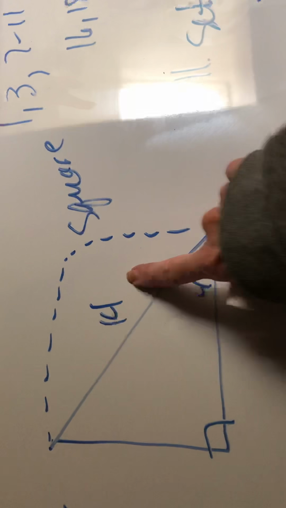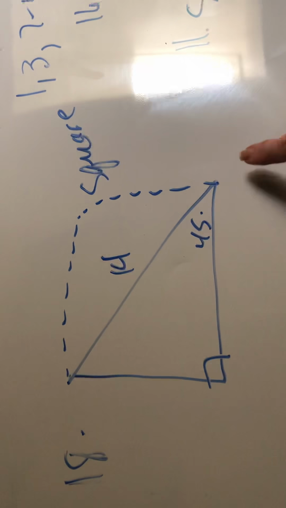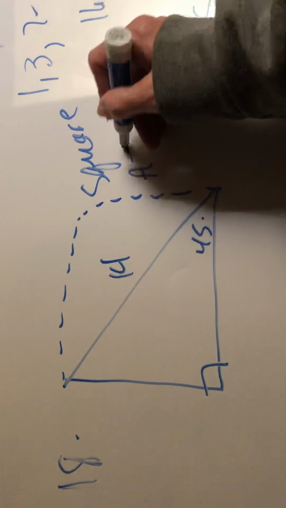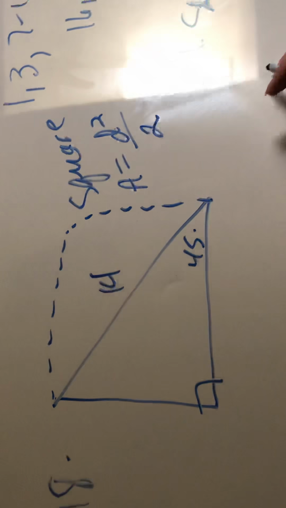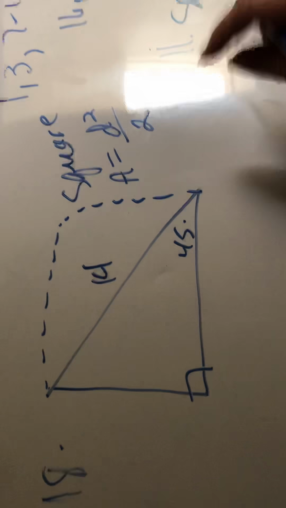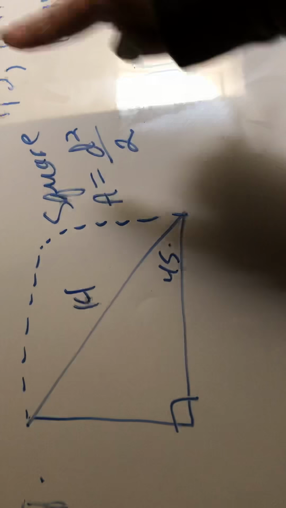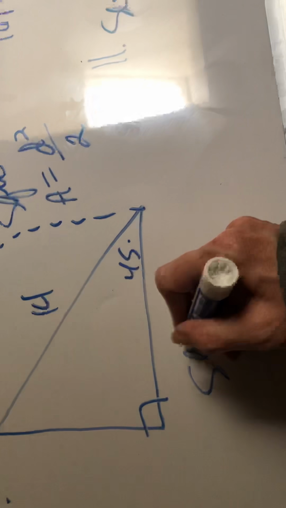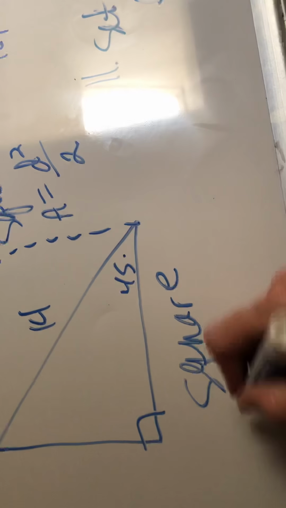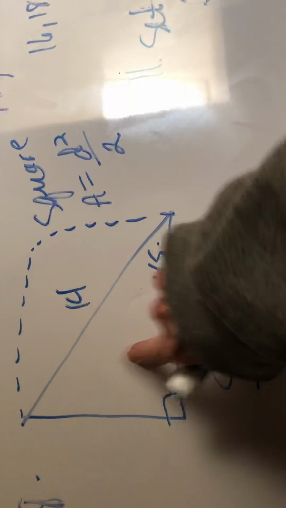If you've got the hypotenuse, that means you have the diagonal of a square. And remember, I told you the area of a square given the diagonal is diagonal squared divided by 2. Now you can take that area and divide it by 2.